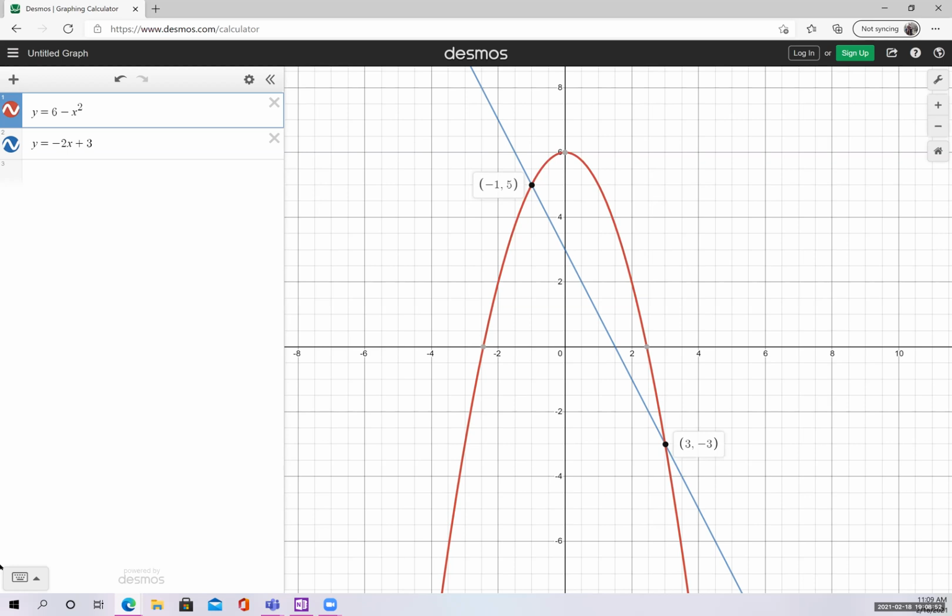And then we have that point down here when x was 3, y was -3. And then we found the line that went through both of those 2 points. So that is the average rate of change we found to be -2 between those 2 points, but the equation of the line, which we call the secant line, is -2x plus 3.